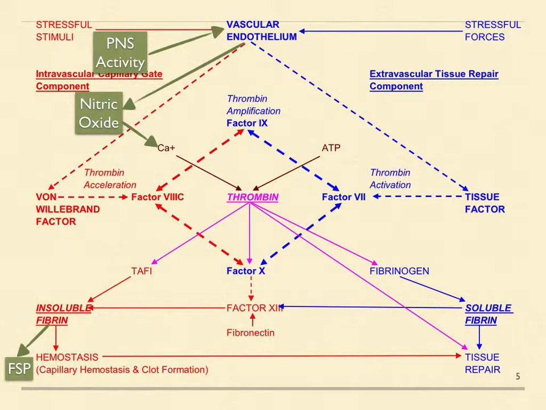It releases von Willebrand factor from the vascular endothelium in accord with sympathetic tone and activity to activate factor VII and generate insoluble fibrin. It releases nitric oxide from the vascular endothelium in accord with parasympathetic nervous system tone and activity to disintegrate insoluble fibrin. It regulates the equilibrium of fibrinogen, soluble fibrin, and insoluble fibrin in flowing blood.